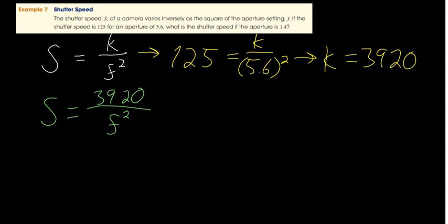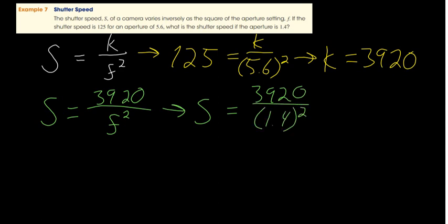So what if we continue on with this particular problem? What is the shutter speed if the aperture is 1.4? All I'm going to do here is plug in 1.4 for f. So 3920 divided by 1.4 quantity squared.